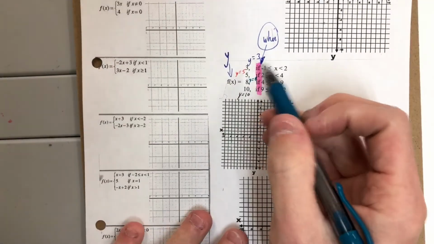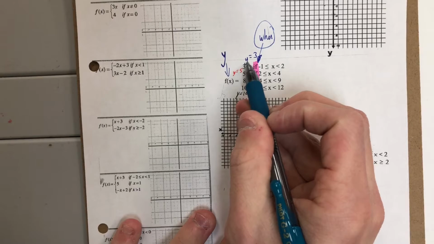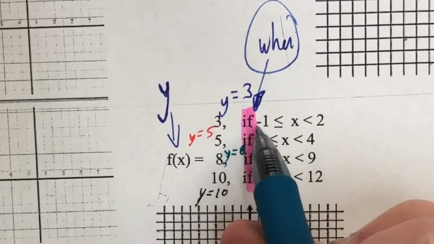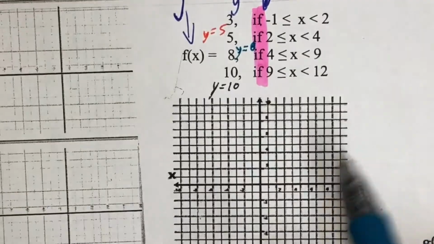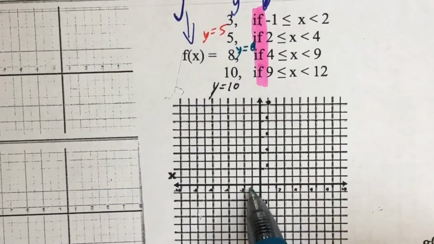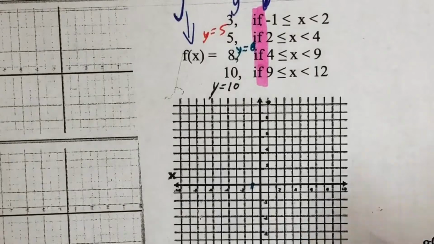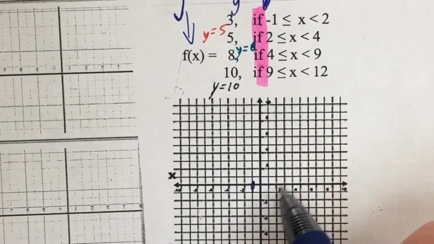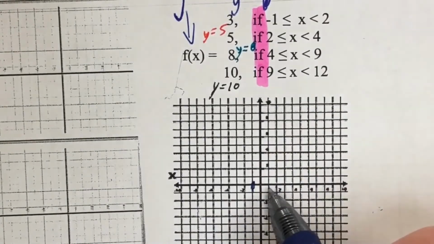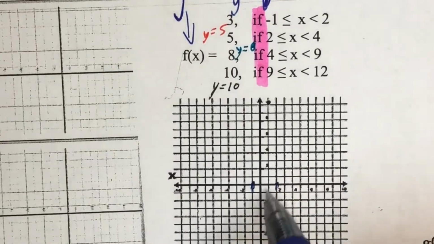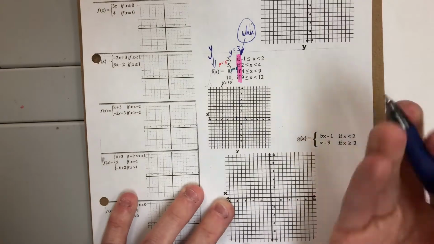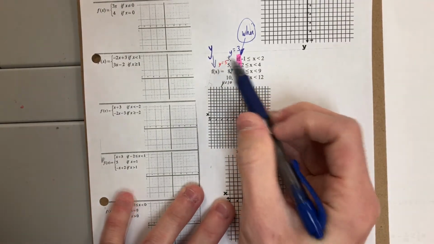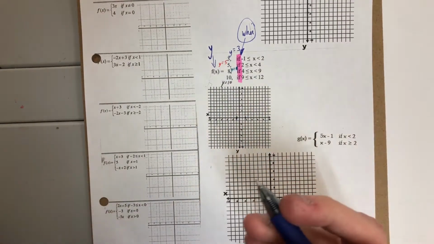In other words, we're going to graph y equals 3 when we're between -1 and 2 for an x. When we're between this and 2 would be right there. So that tells us exactly how to graph that part. These are each separate graphs that come together.